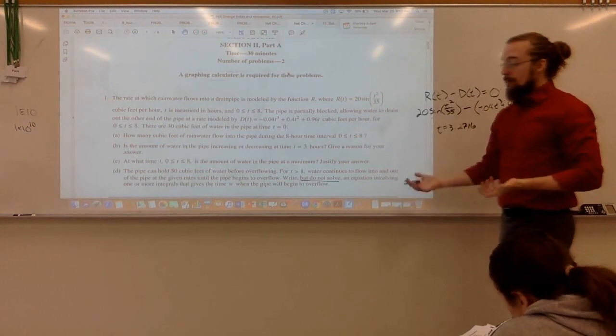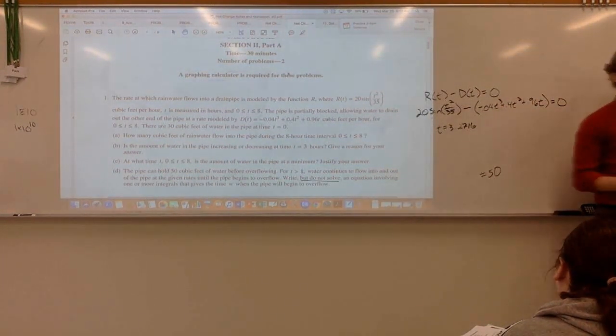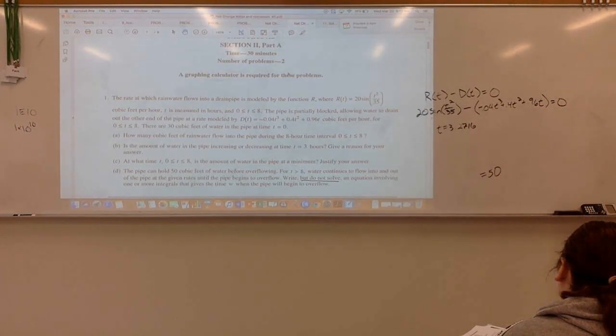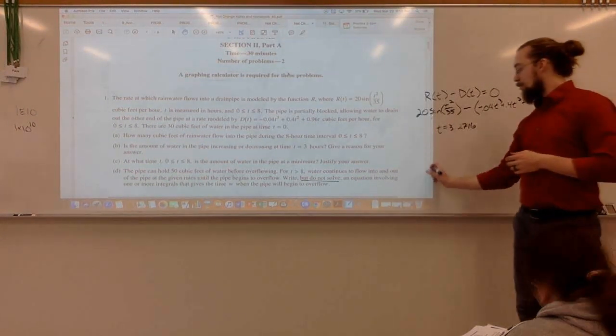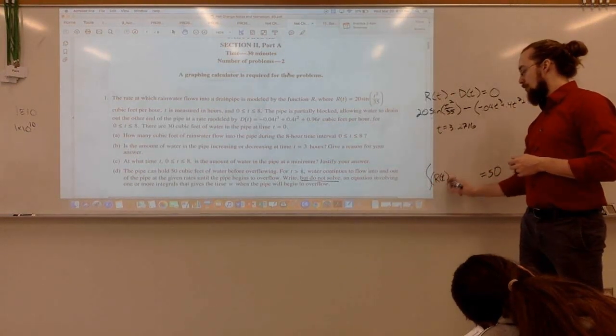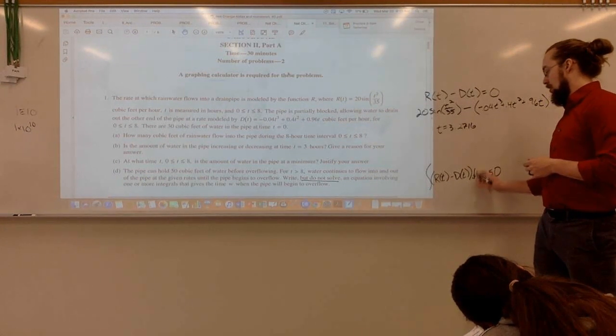So what I'm trying to figure out is the total amount of water, right? If I'm given the rates, to get the total amount, I would have to take the antiderivative or integrate. So I know I'm going to somehow have to have the integral of my rates, R(t) minus D(t) dt.